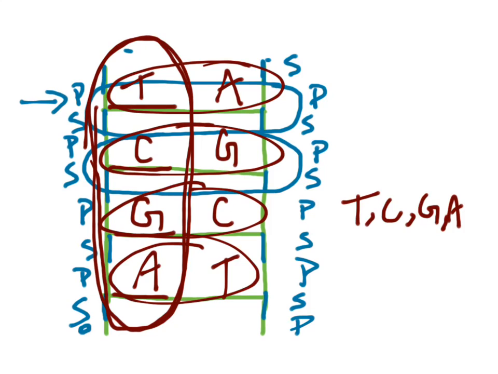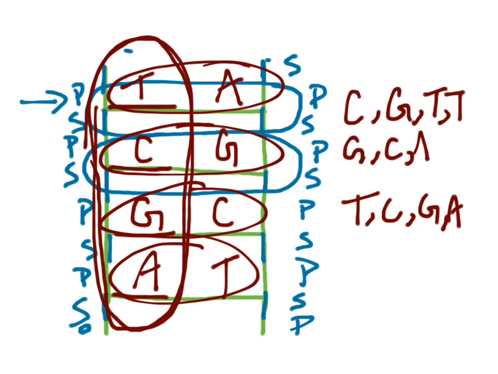Maybe one of the DNA configurations is for maybe O positive blood, and that might be C, G, T, T, and that translates to G, C, A, A. So these are all the different configurations of nitrogenous bases, and it is really important that you know how to translate these different things, because these configurations are what represent DNA as a whole.